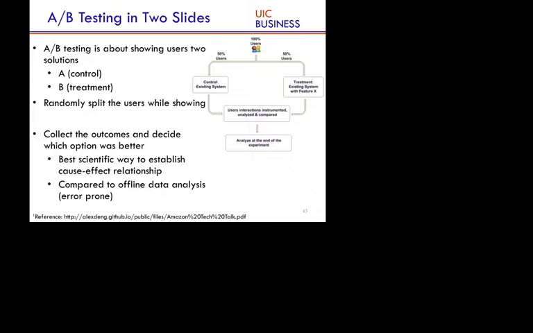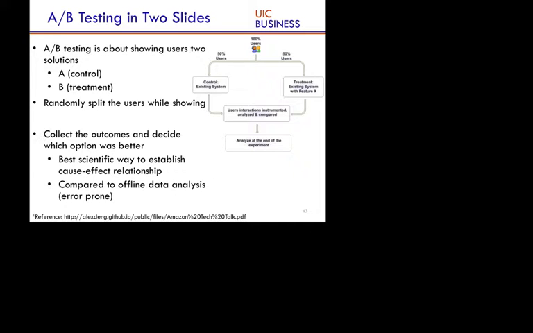Let's say users are visiting your web property. Then you randomly split them into two groups, and for the first group you show an existing system, and for the second group you show an existing system, but maybe with a slight change. That could be feature X. And then after some time, you collect these outcomes and decide which option is better, and you do that by doing some analysis.